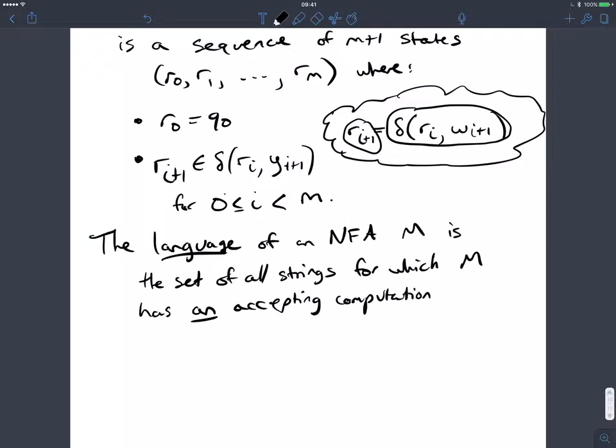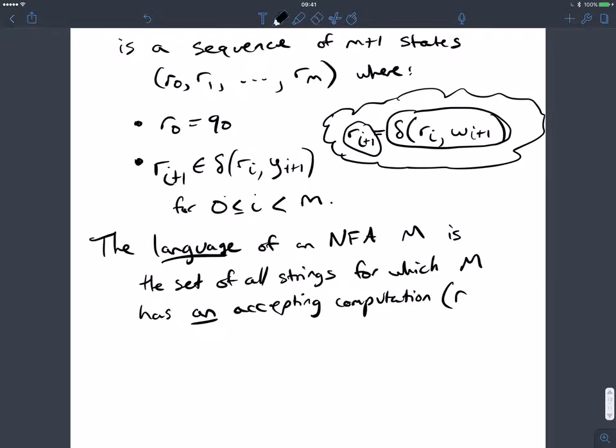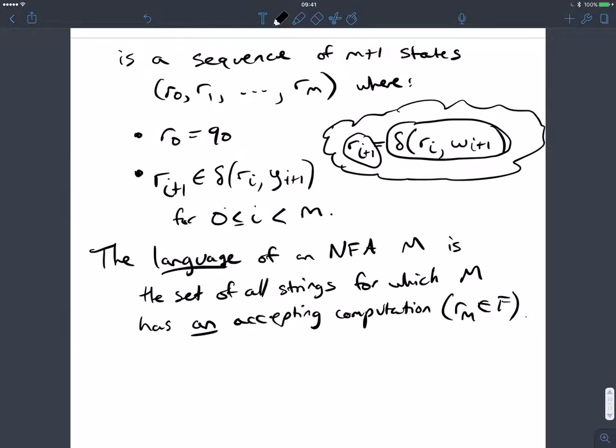And just like before, that means that Rm is in F. So accepting computation is exactly the same as with DFAs: the state that you land in at the very end is a final state. And we say the language of this NFA M is the set of all strings for which there is at least one accepting computation.